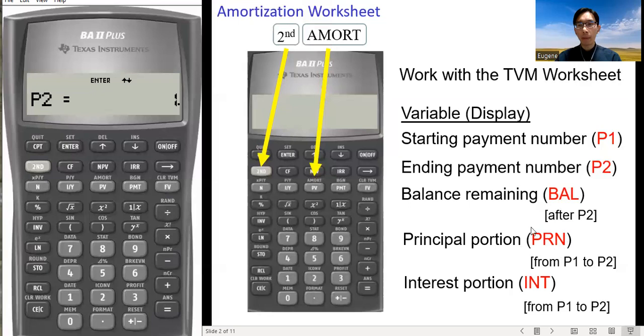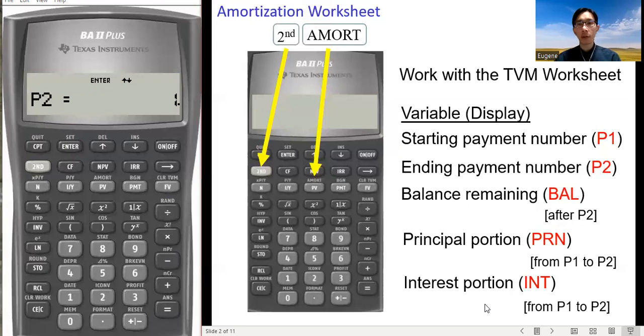The next variable, PRN, corresponds to the total principal portion repaid between payment number P1 and payment number P2. The last variable, INT, corresponds to the total interest paid between payment number P1 and payment number P2.